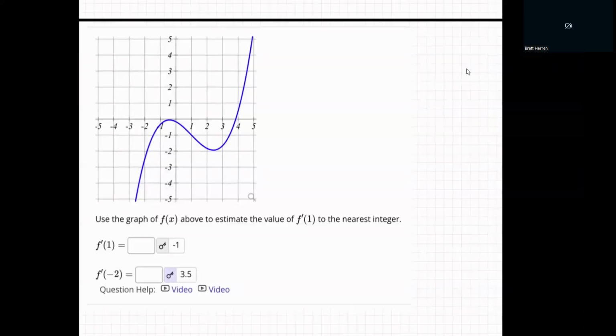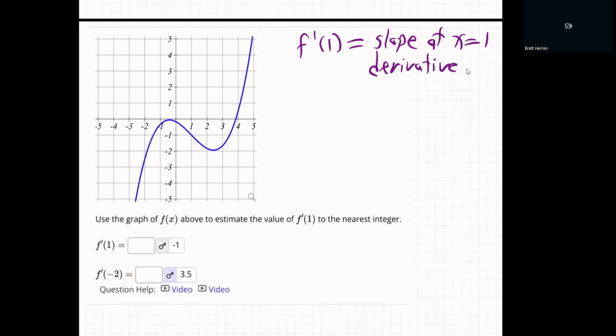This example has a curve here, and it's asking us f prime of 1 and f prime of negative 2. Now, what does that even mean? So f prime of 1 is the slope at x equals 1, or the derivative. So that little mark right here, that little prime, we call that prime.